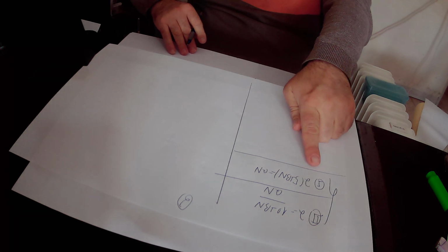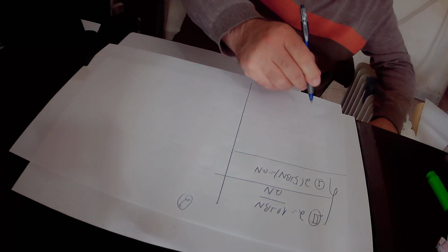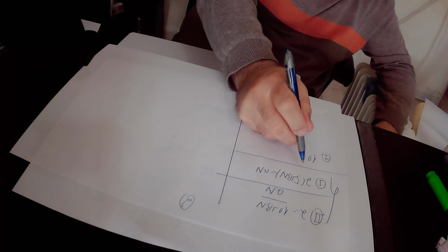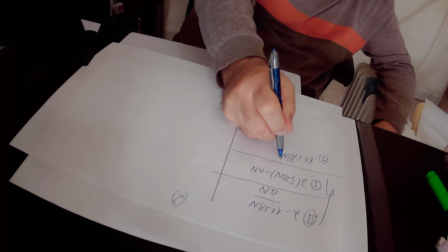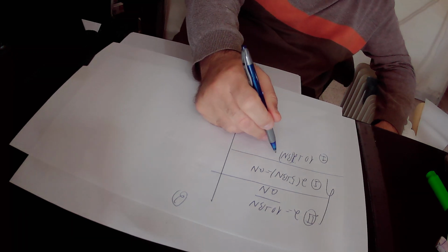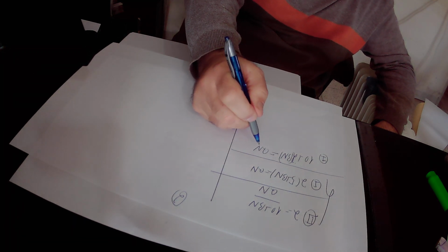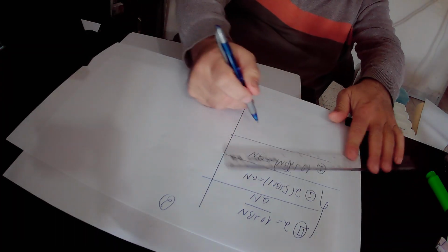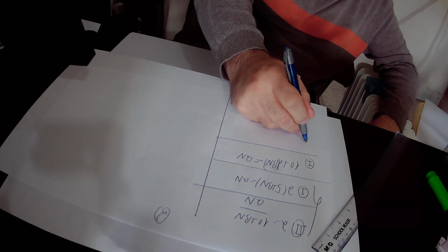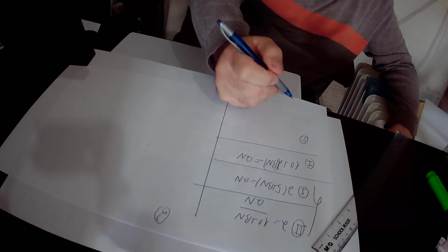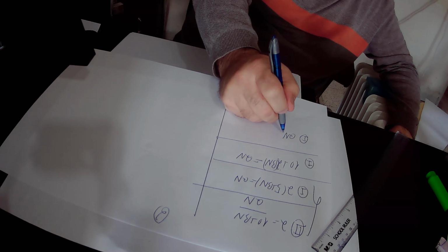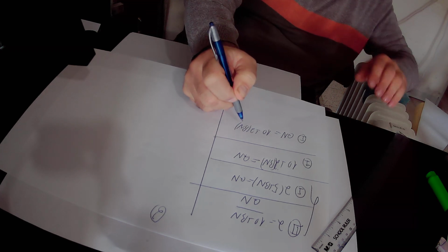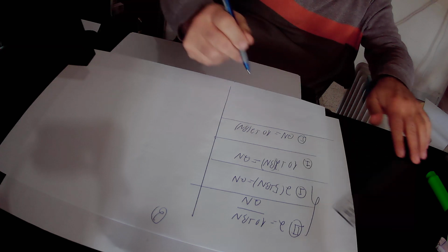Here we open the brackets on this side of equation number 1, and we get 2 times 5 is 10, plus 2 times BN is 2BN. This equals QN. Repeat again: according to equation number 1, QN equals 10 plus 2 times BN.